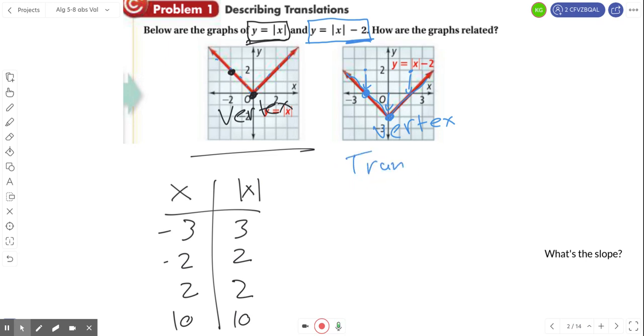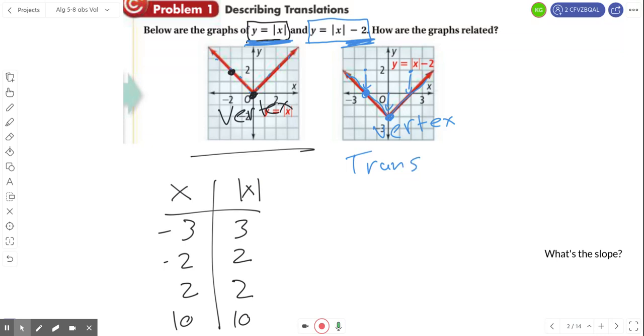If somebody asked you to describe how this graph is related to the graph of y equals the absolute value of x, we call this the parent function because it doesn't have any changes made to it. And then the children are similar to the parent, but they have some changes. They're slightly different. Like this one has the -2.